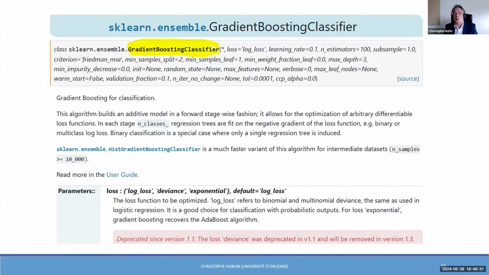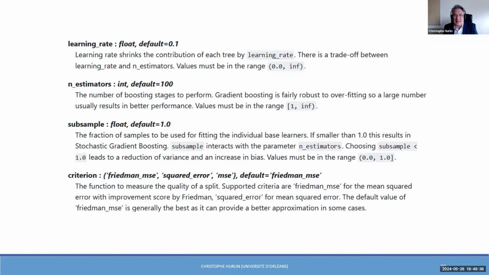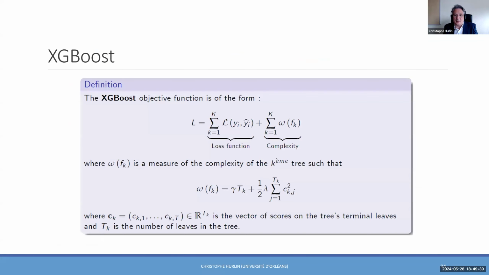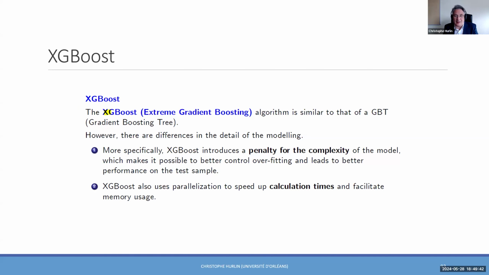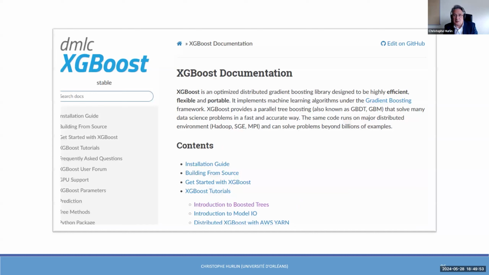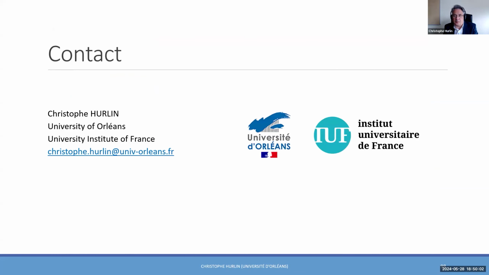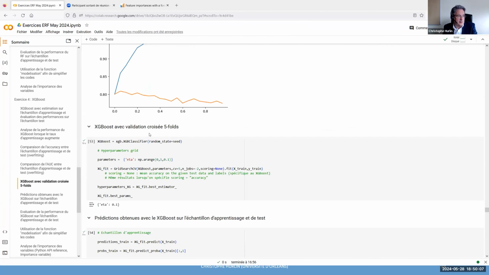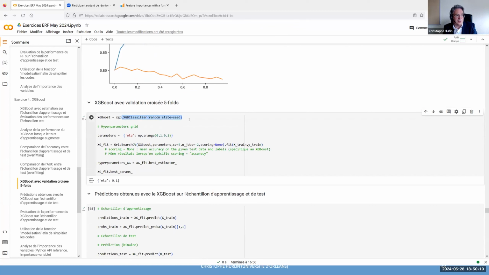You can use it with scikit-learn, with the gradient boosting classifier. And then there is a particular gradient boosting version that corresponds to XGBoost. For XGBoost, there is a penalization of the complexity, and XGBoost is available on the DMLC website. And here, this is a command to run an XGBoost classifier.